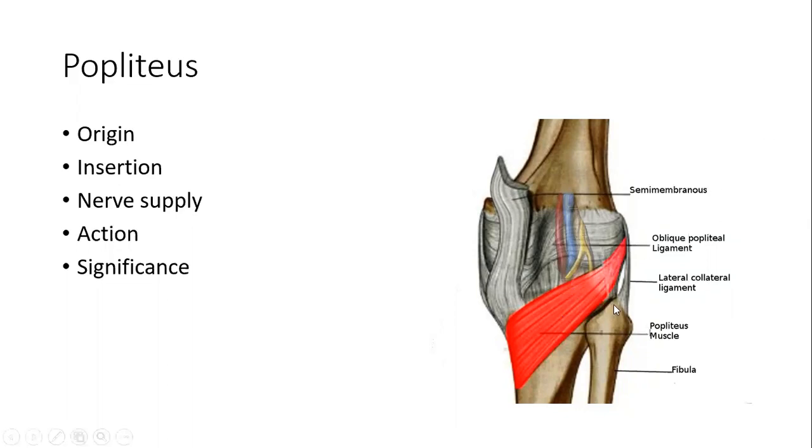The tendon of the popliteus muscle is intracapsular, as you can see in this diagram. This is the lateral ligament of the knee joint, and this whole is the capsule, and this tendon of the popliteus muscle is shown to be intracapsular.